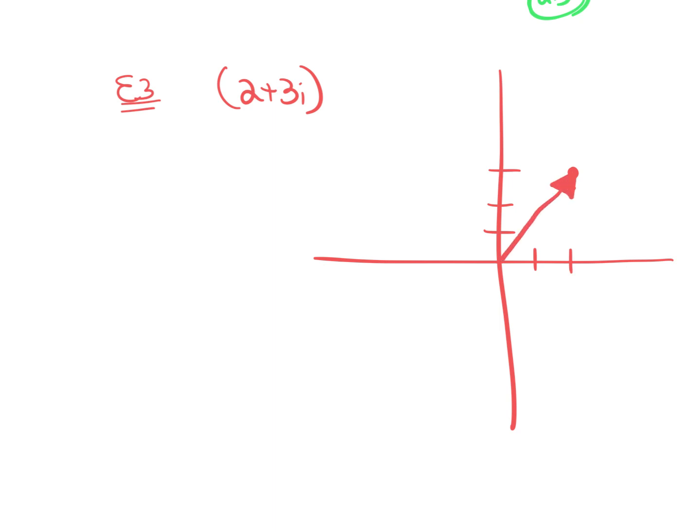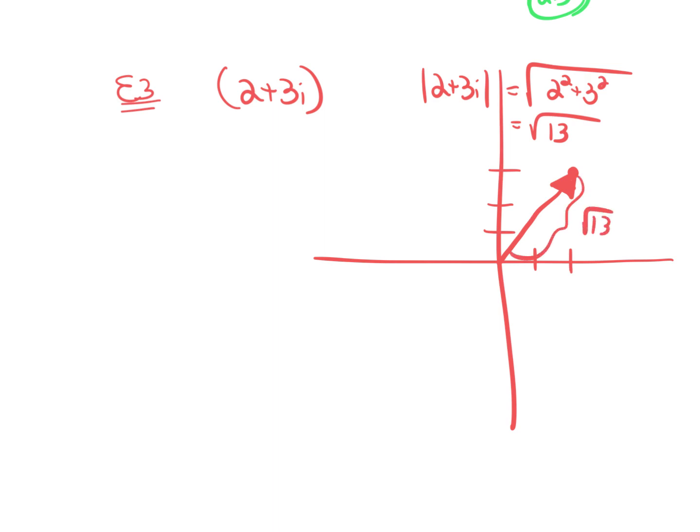If we want to figure out the distance the point is away from the origin, we could do the absolute value of 2 plus 3i, which is the square root of 2 squared plus 3 squared, which is 4 plus 9, which is the square root of 13. So it's telling us this distance right here is the square root of 13, so somewhere between 3 and 4.